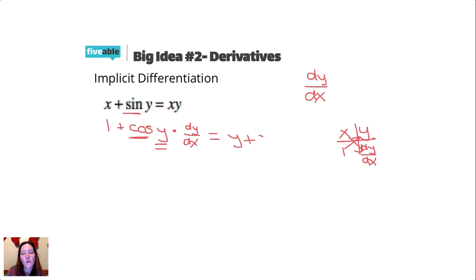And then your goal is going to be to get dy over dx by itself. That's implicit differentiation. Your goal is to find the derivative, so your goal is to get the dy over dx by itself. It's almost always the same thing. You want to get all the dy dx's over on the same side.